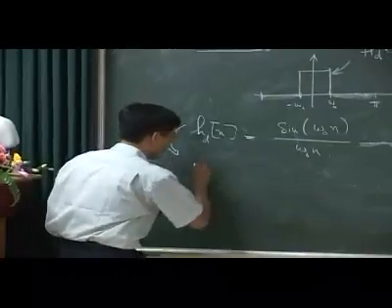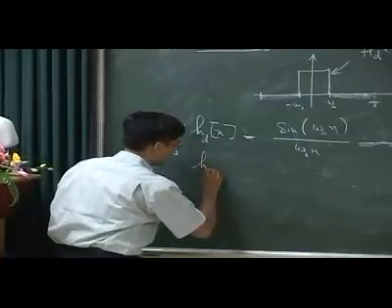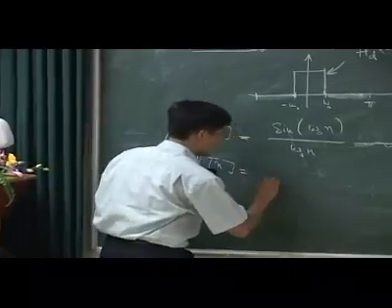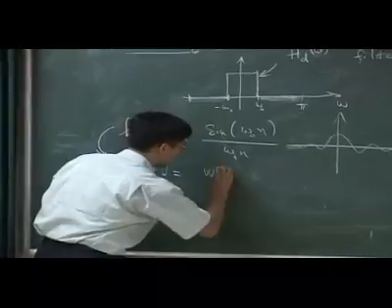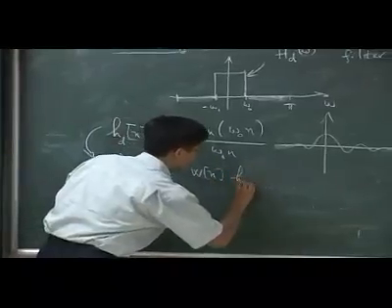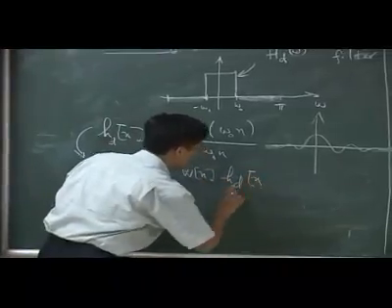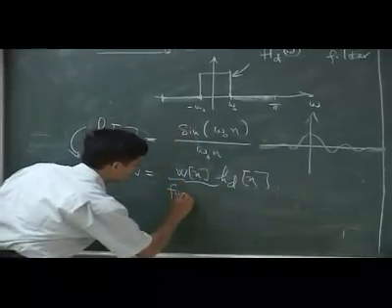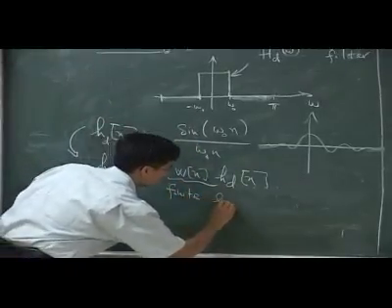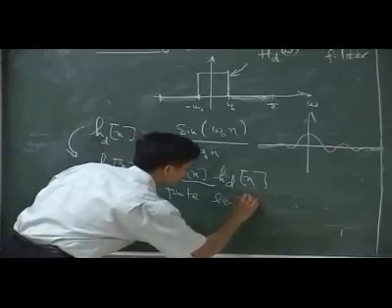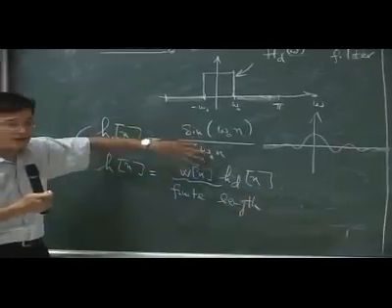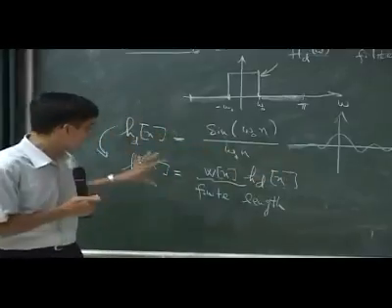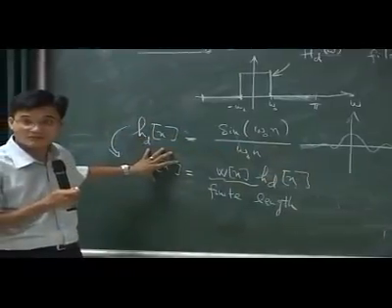So now I get a filter h[n] equal to w[n] times the ideal design one, where this thing has a finite length. So I take a finite line, I multiply this, so now I got a finite line. So this thing will be a finite line as well.